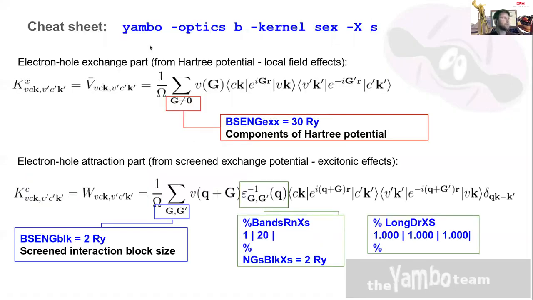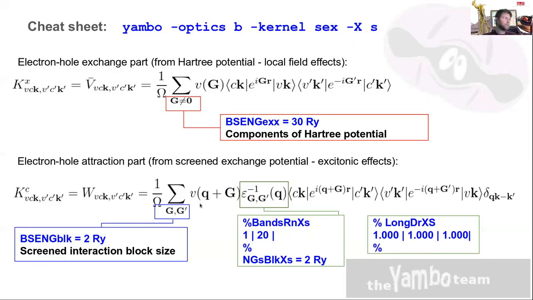Again, you can have a look at the cheat sheet for the details on how the cutoff in particular enters the exchange and the correlation kernel. The cutoff determines the number of G vectors which enter in the sum. And in particular for the correlation part, at the screened exchange level, the interaction is screened via this term, which contains both macroscopic and microscopic screening.